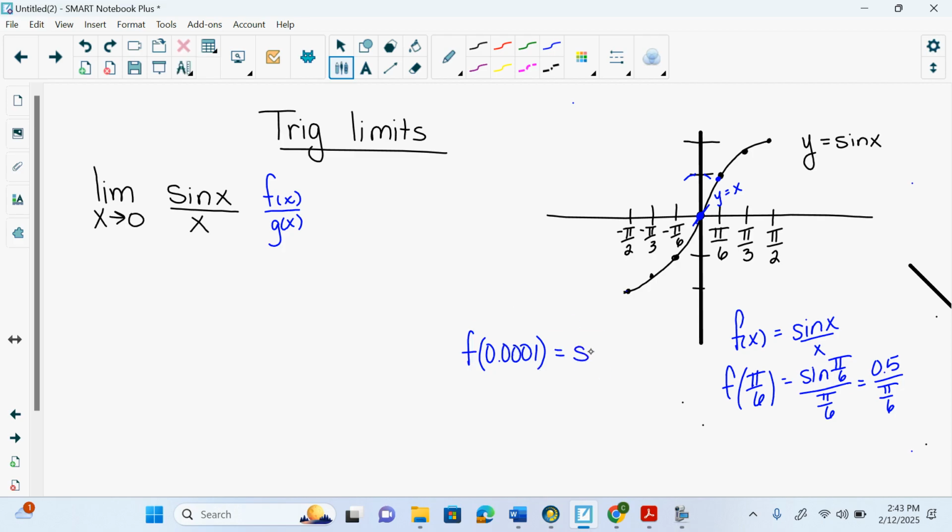But we want to be in radian mode, guys. Sine of 0.0001 divided by 0.0001. Make sure you're in radian mode. Type it in.